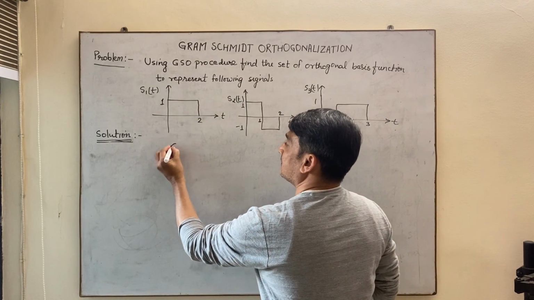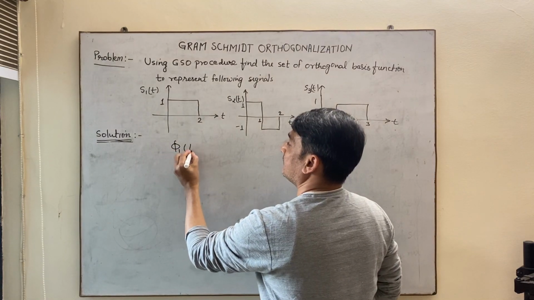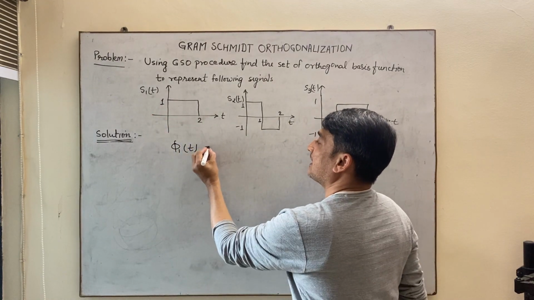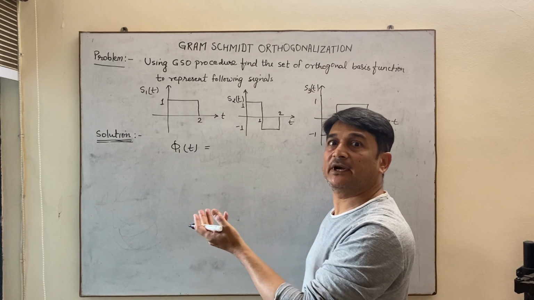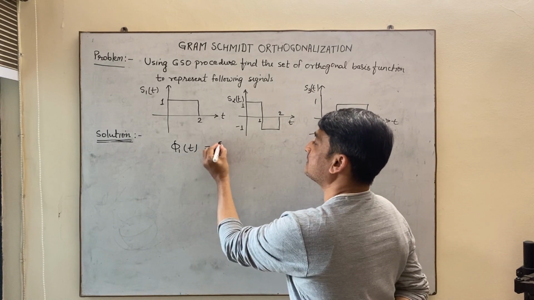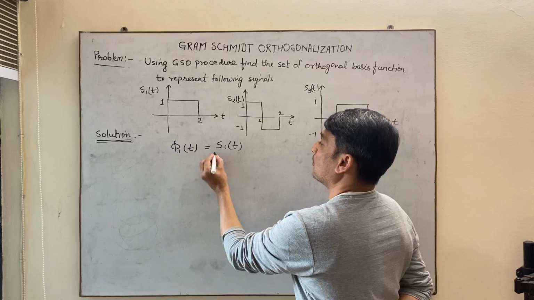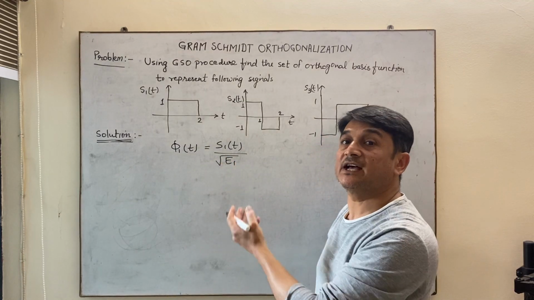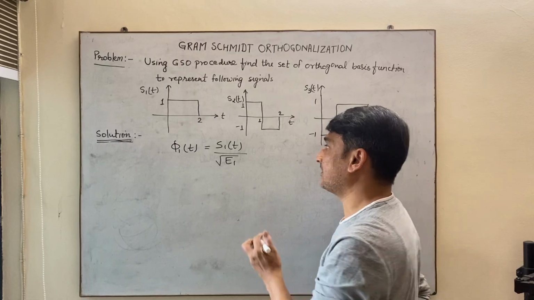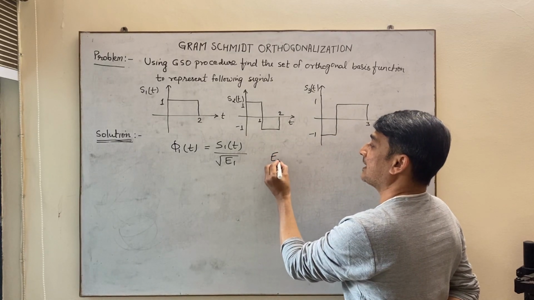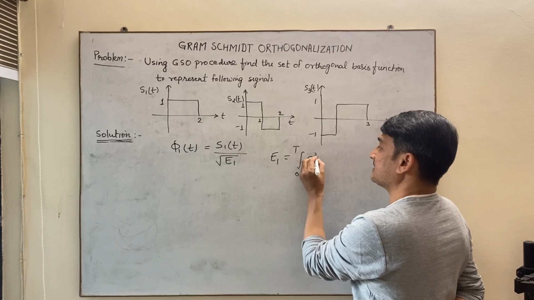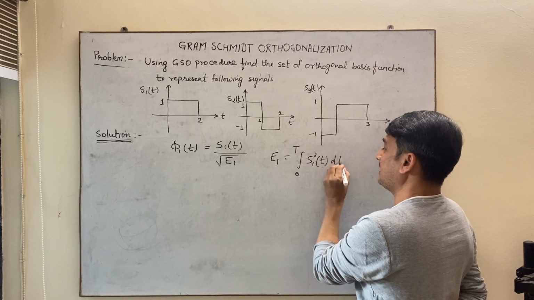Okay, so the very first basis function phi1(t) corresponds to the signal S1. As we have already discussed in the mathematical derivation part, phi1(t) is equal to S1(t) upon the square root of E1, where E1 is the energy of this signal S1(t), and E1 can be calculated by the formula integration 0 to T of S1 square (t) dt.